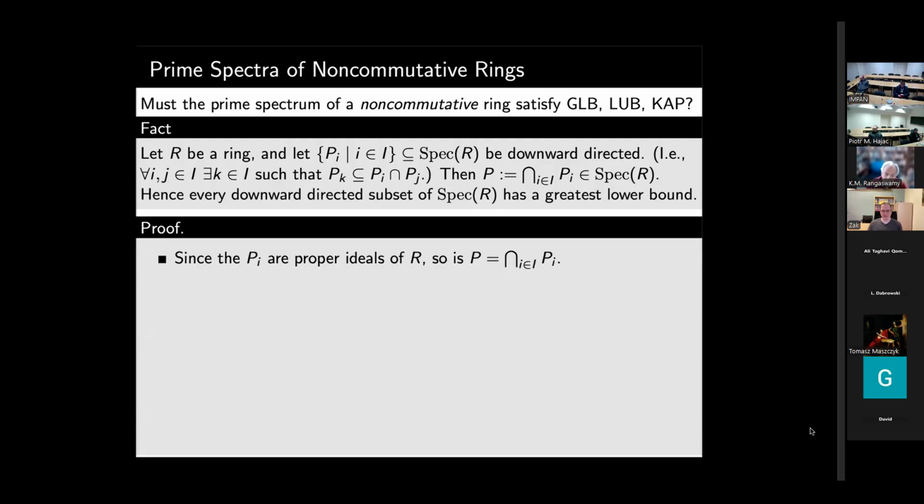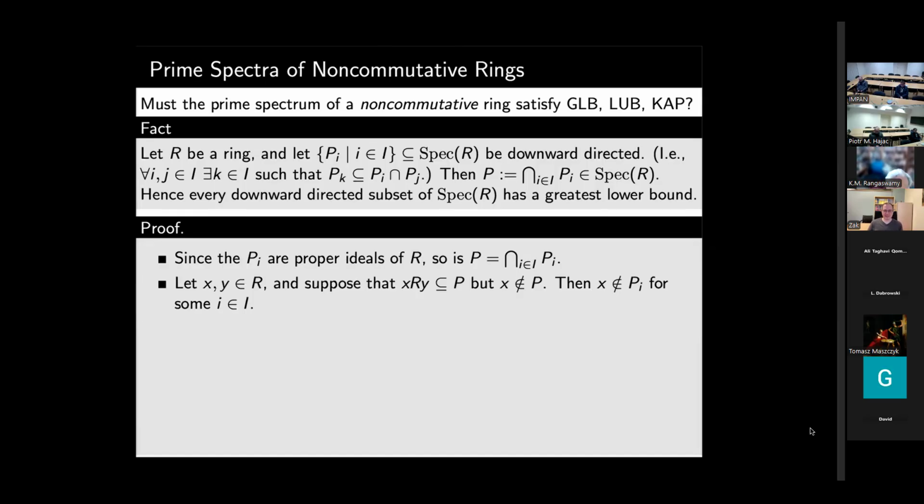So here's how this goes. We have this set of prime ideals, downward directed. If you take their intersection, that will be a proper ideal because individually they're proper ideals, and to be a prime ideal, it can't be the whole ring. That's the point here. So now we just have to show that this intersection is a prime ideal, and then we'll have our greatest lower bound for our downward directed set in the spectrum.